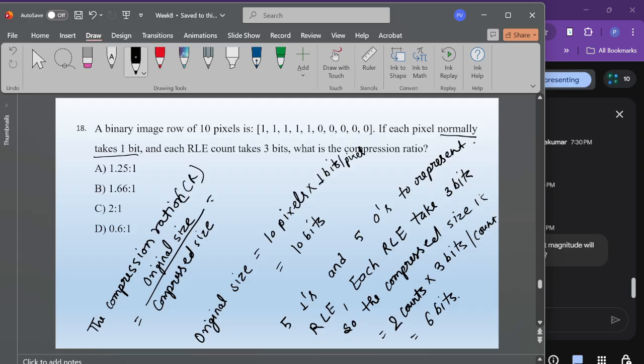We have got original 10 and compressed 6. So 10 by 6 bits. If you divide it, you will get 1.66. We can write it like 1.66 to 1. So if you check, you will see option B is the correct answer for this question.